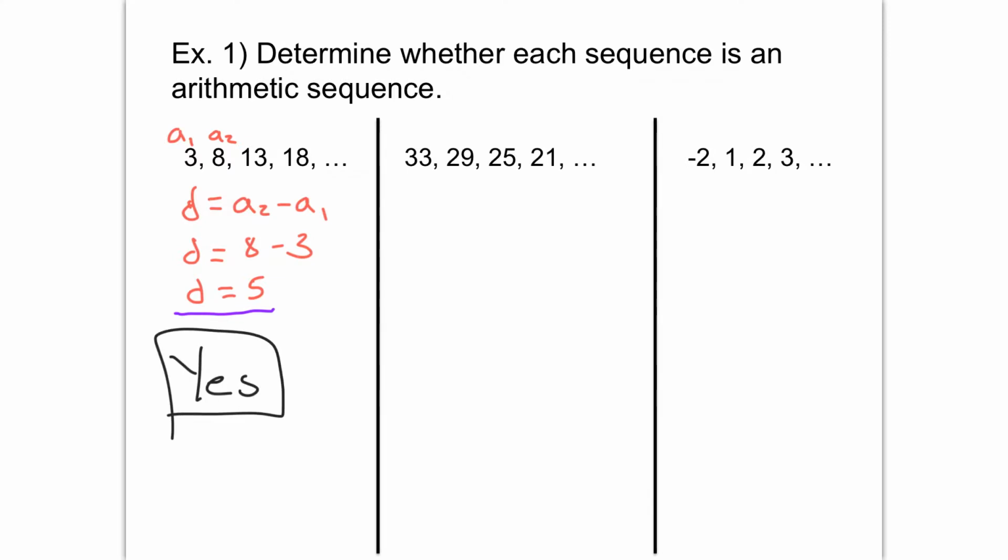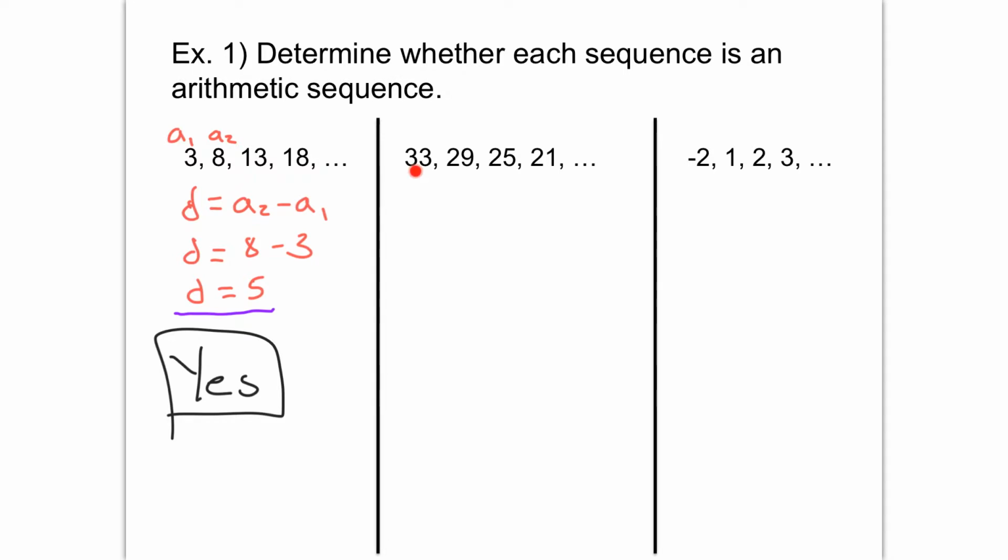Now the next one. On the next one, you guys have 33, 29, 25, 21. First of all, you notice that the numbers are decreasing. They're going down. 33 to 29, 29 to 25, 25 to 21. Now, what number are you subtracting? Well, you might see that you're subtracting 4 every time.